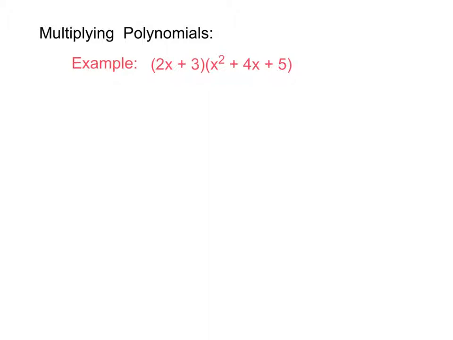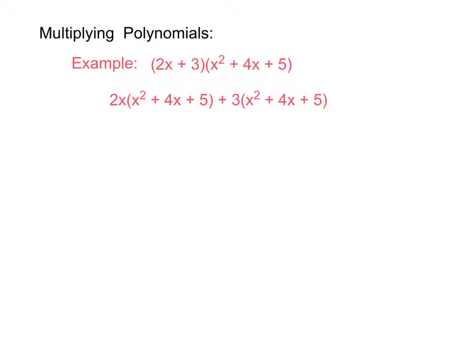For example, let's say we had 2x plus 3, a binomial, times a trinomial, x squared plus 4x plus 5. How would we go about doing that? Basically, we would multiply each term of the first polynomial by each term of the second polynomial and then combine like terms. And it would look something like this.